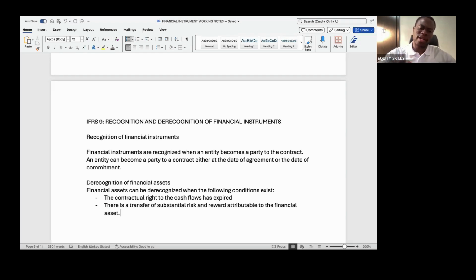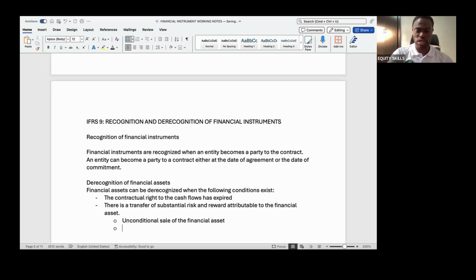And when we say transfer of substantial risk and reward, what does that mean? It can mean two things, right? Number one, it could be when there is an unconditional sale of the financial asset, that can signify transfer of substantial risk and reward.